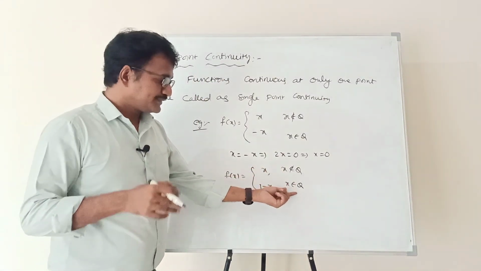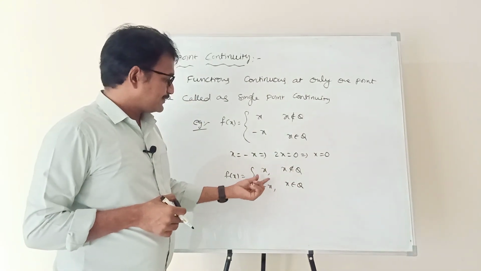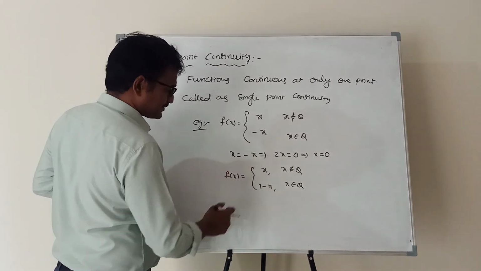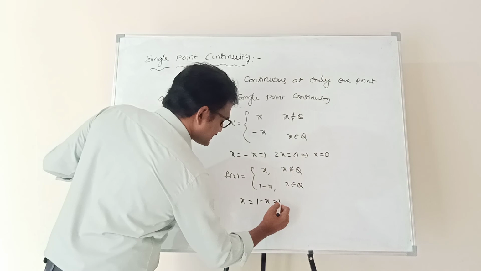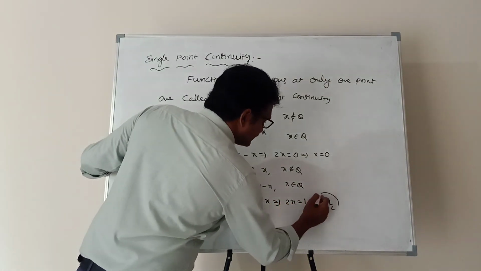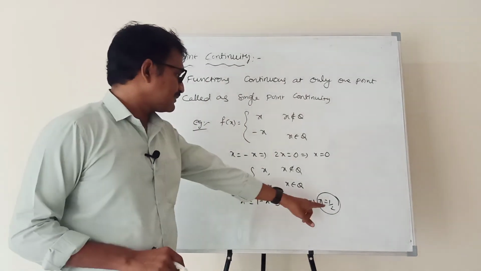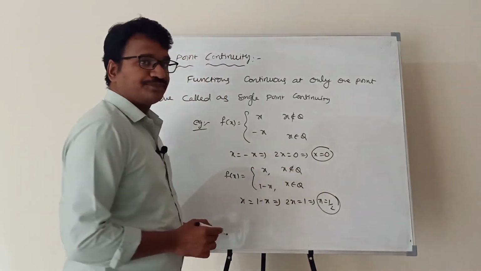To solve this type of problem, just equate both the functions: x is equal to 1 minus x. That means 2x is equal to 1, so x is equal to 1 by 2 is the single point of continuity. For the previous problem, x equal to 0 is the single point of continuity.